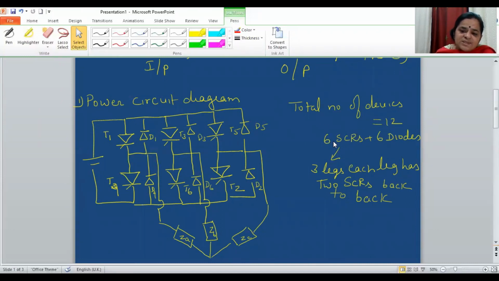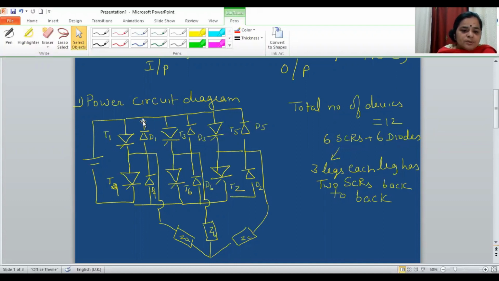Out of that 12, 6 are SCRs and 6 are diodes. These 6 SCRs and 6 diodes are connected in the form of 3 legs. Each leg has 2 SCRs connected back to back. T1, T4 make one leg, T3, T6 make another leg, and T5 and T2 make the third leg.